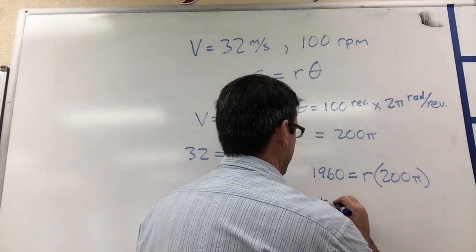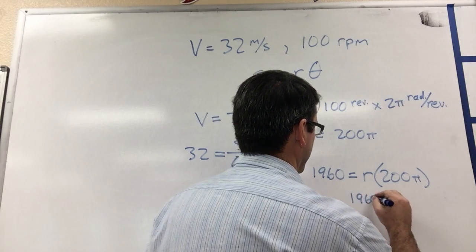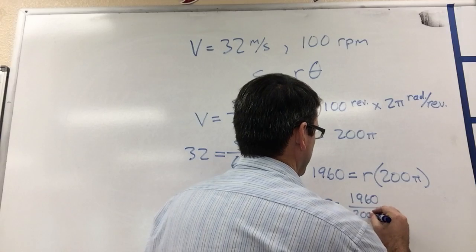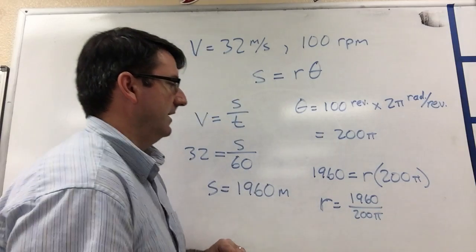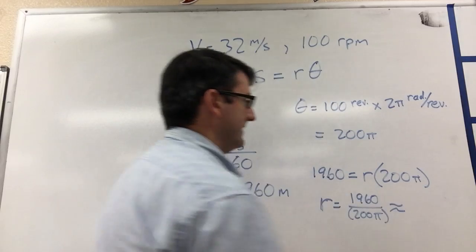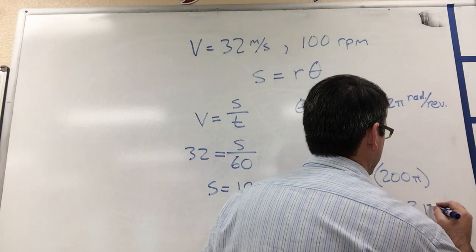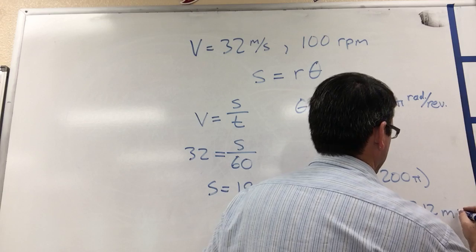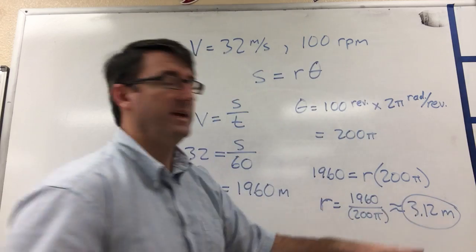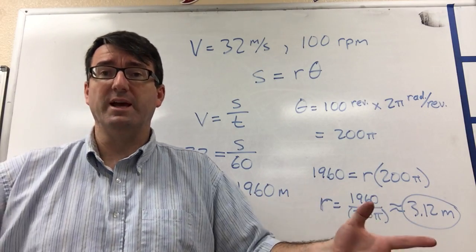We get that the radius is equal to 1,960 meters divided by 200 pi radians. And if we plug that into the calculator, we'll get that that's approximately equal to 3.12 meters.